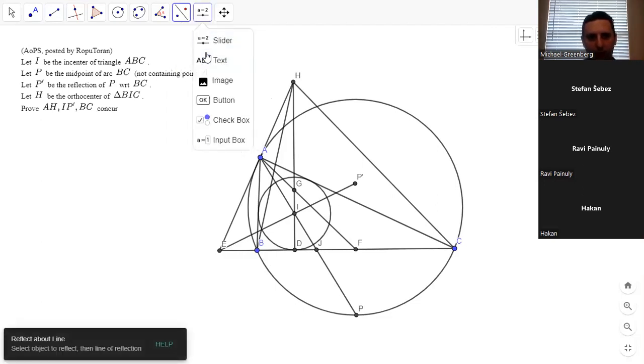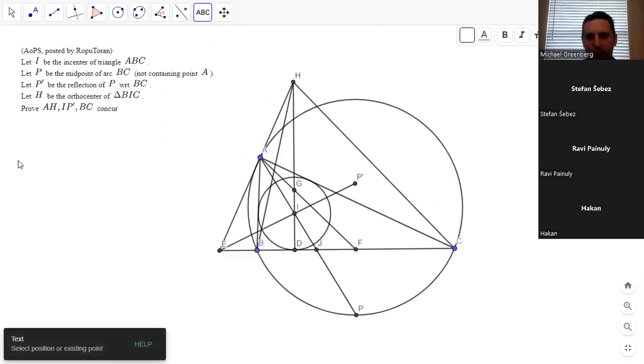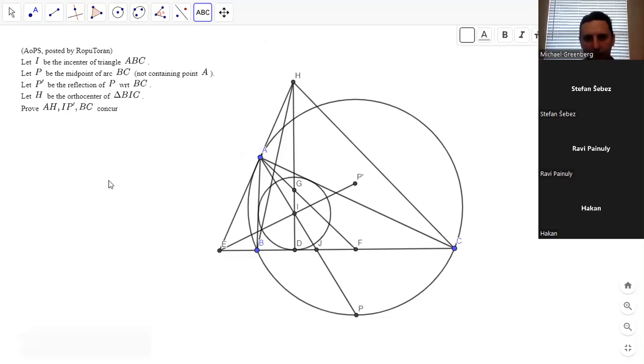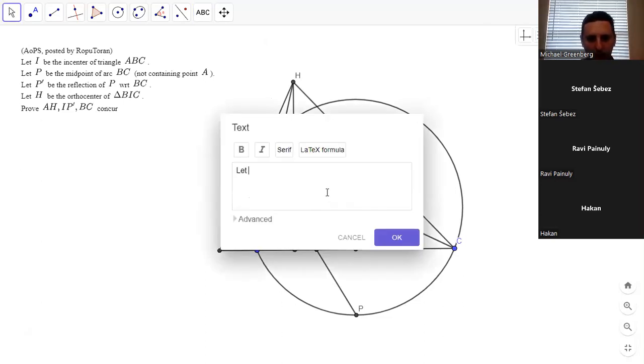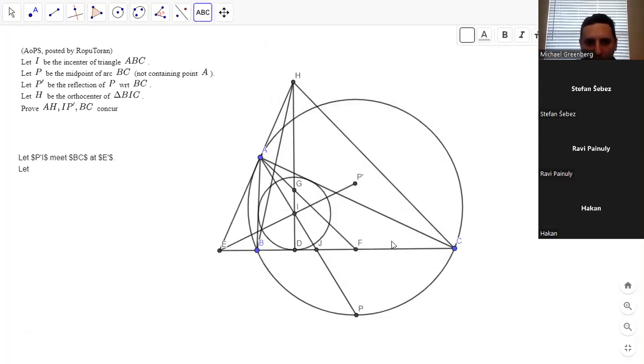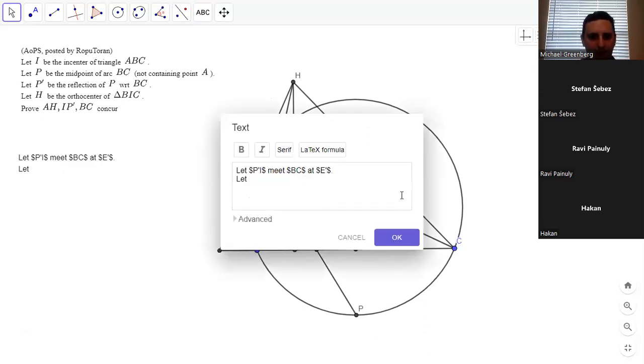Okay, so here's what I'll do. I'll say let P prime I meet BC at E prime. And let AH meet BC at E double prime.